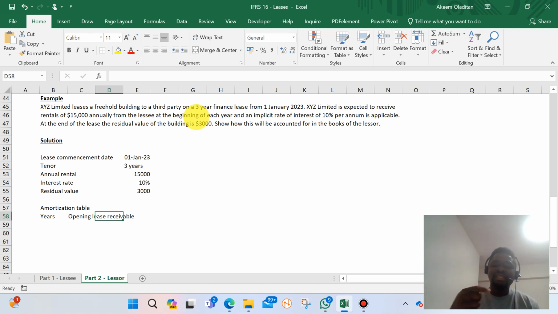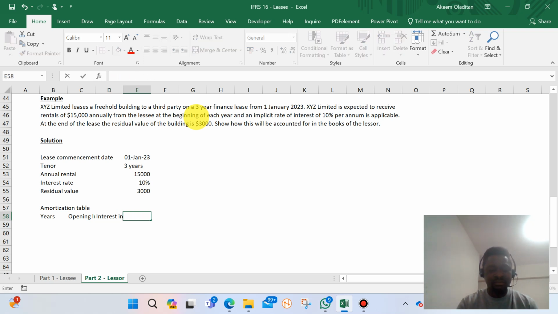But the last example I did says that the amount will be paid at the end of the year, which means I apply interest on only the opening balance. So let me just put that here: interest income, then receipt. Let me use the word receipt.